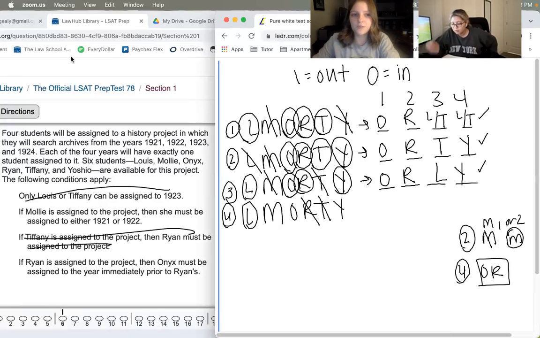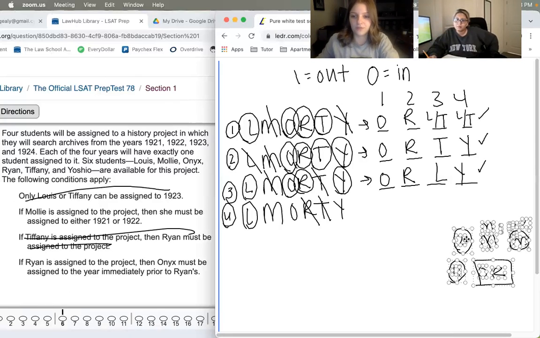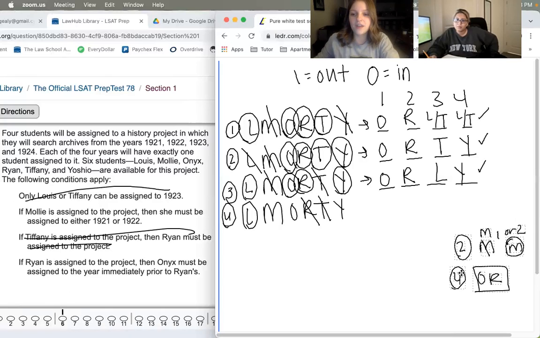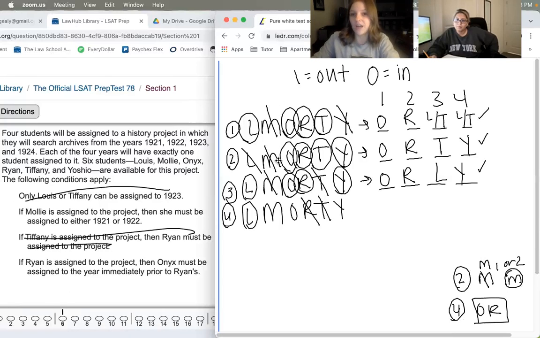So if you see what I've basically done for us, initially when we started, we didn't know where M was in any of these worlds, right? We could have gone the traditional route and created 4 additional worlds, where M is in one and M is not in the other. But if we take a pause and sort through what we've already done, we can easily figure out where M has to go in some of these worlds.